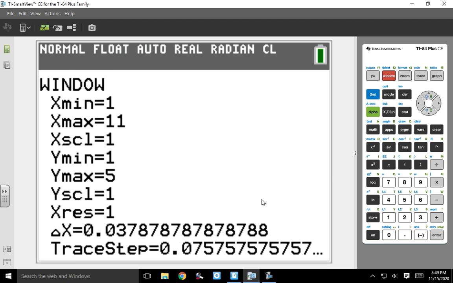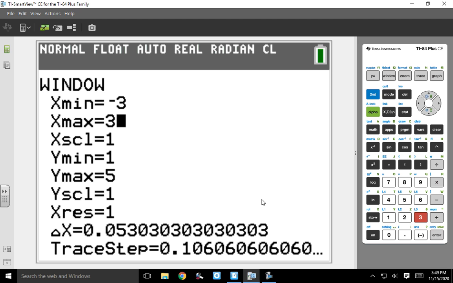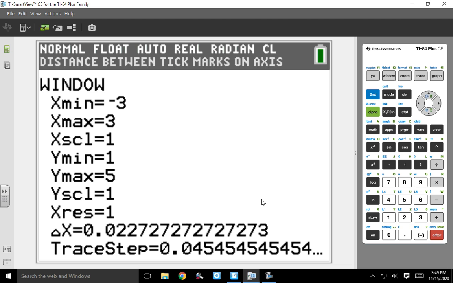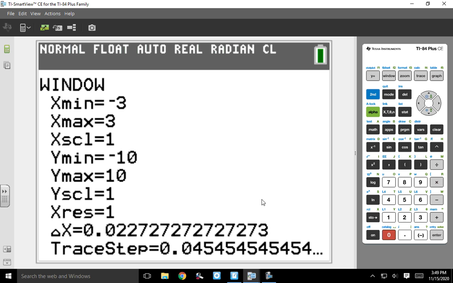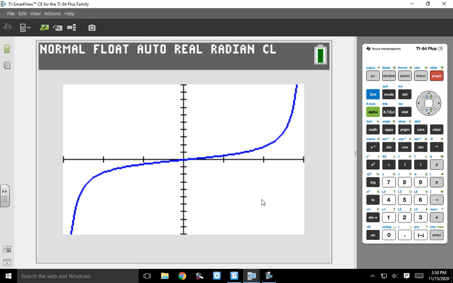We said from negative 3 to positive 3, we should see vertical asymptotes on our graph at each of those values. Let's go from negative 10 to 10. Let's try that. If we graph it, there we go. That's one full period of this.